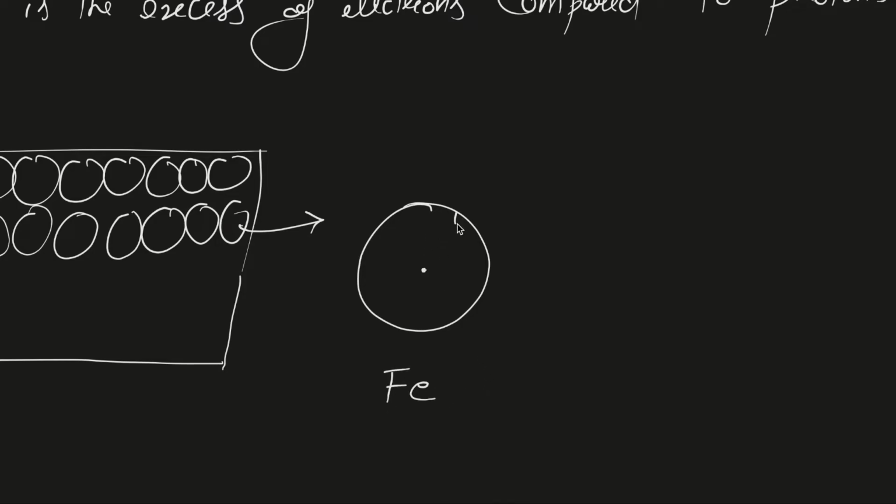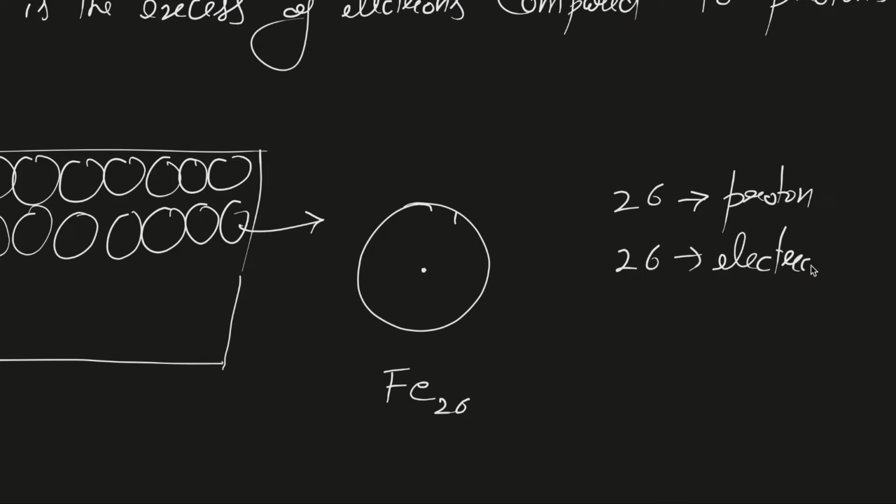Then we all know that the Fe atomic number is 26. So the single atom has 26 protons and 26 electrons, and in the nucleus we have the protons and the neutrons.